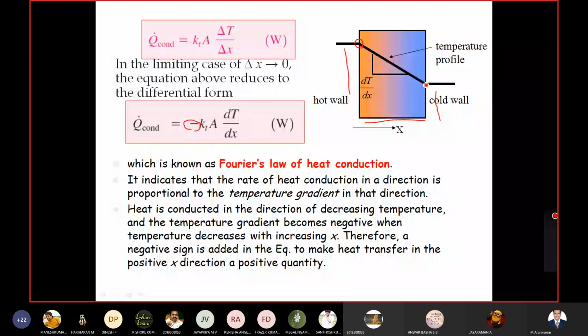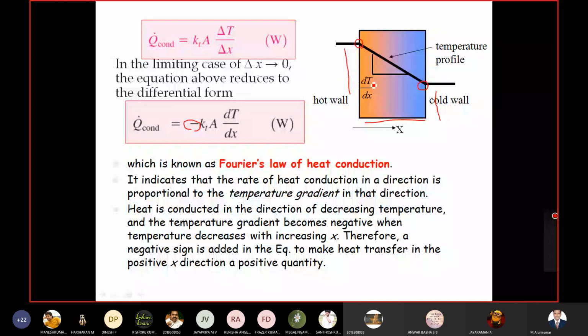So according to the thermodynamics law, the heat will try to transfer from high temperature to lower temperature. Then this temperature profile will be based on the thickness of the wall. It indicates that the rate of heat conduction in a direction is proportional to the temperature gradient in that direction.